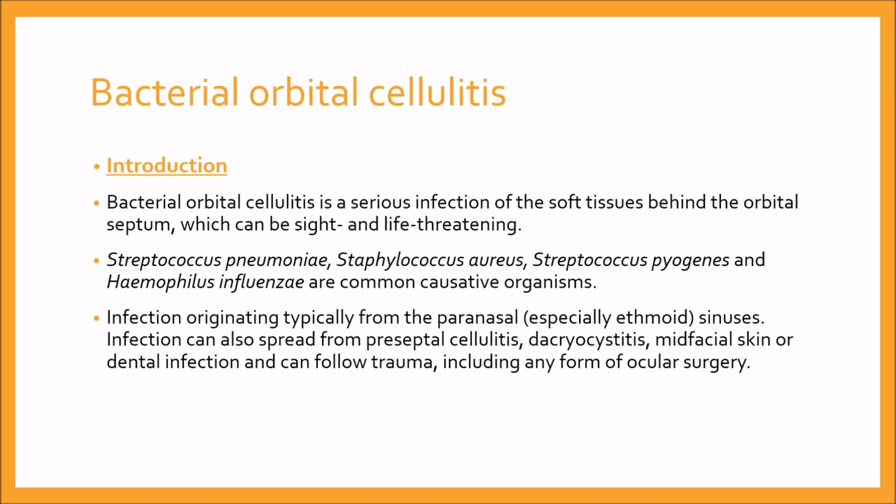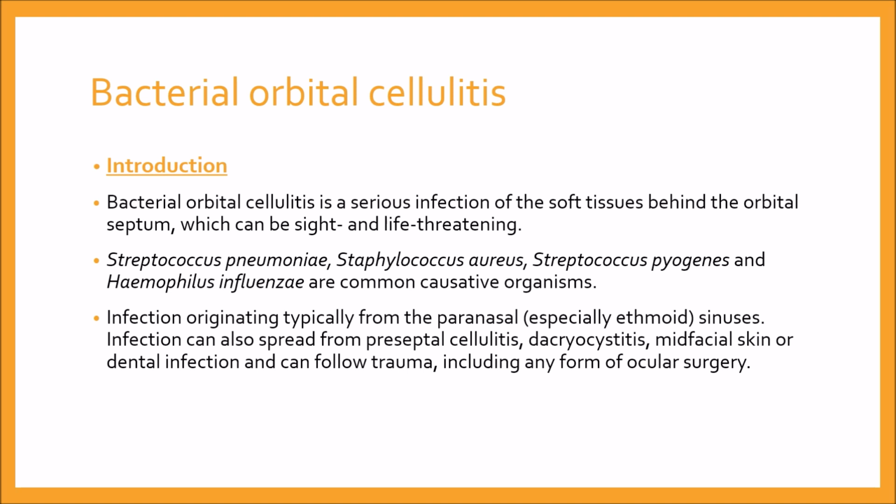The next more important one is bacterial orbital cellulitis. It is a serious infection of soft tissues behind the orbital septum, which can be sight-threatening and life-threatening. It can occur at any age, but is more common in children.